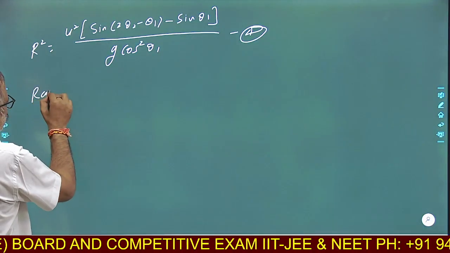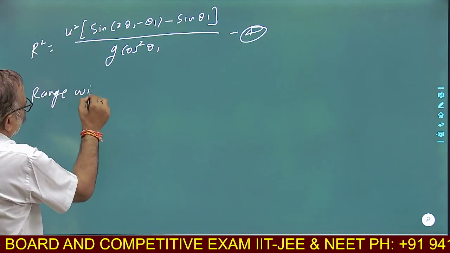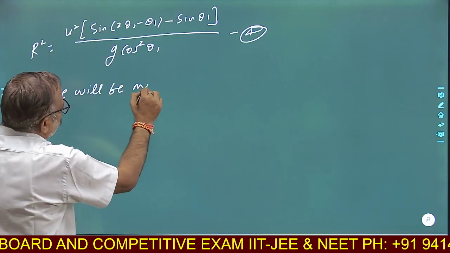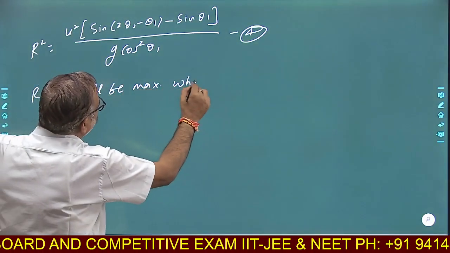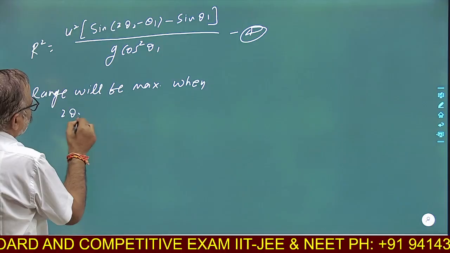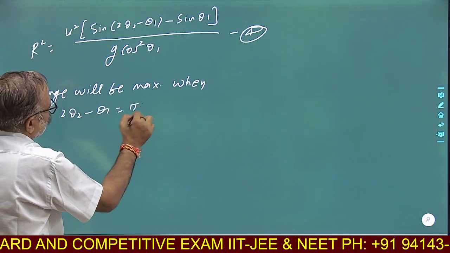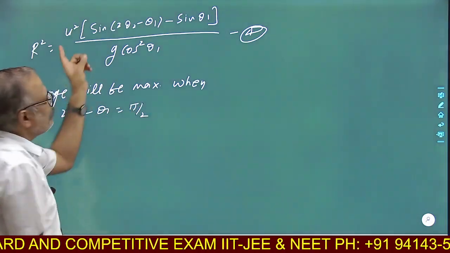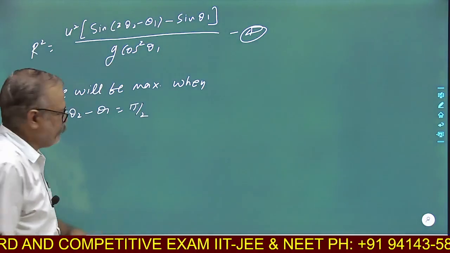Range will be maximum when 2 theta 2 minus theta 1 is equal to pi by 2, because you know that sin 90 is equal to 1.